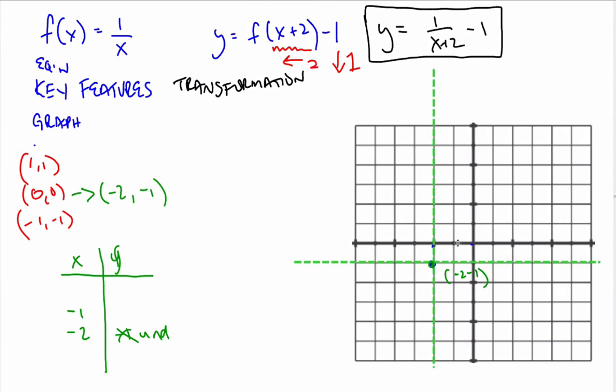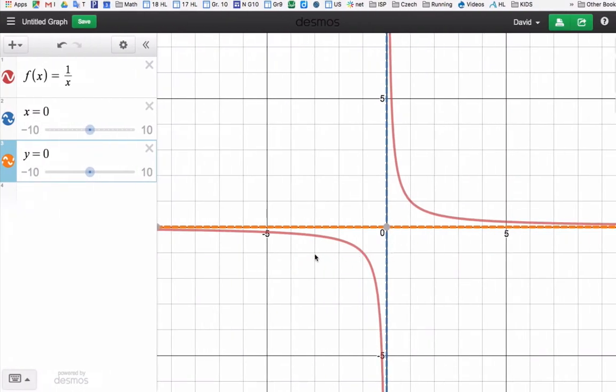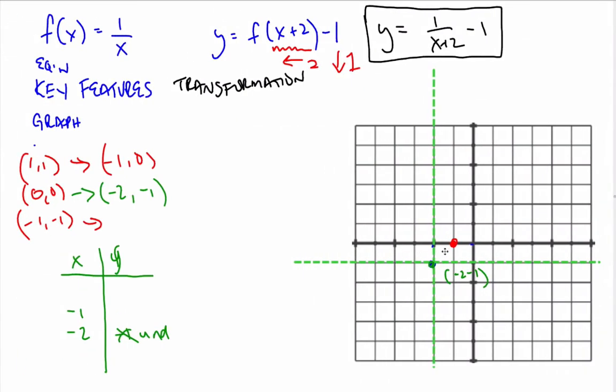I'm just going to transfer every point. This one goes to negative 1, 0. And this last one, I start off here, over 2, down 1, will be at negative 3, negative 2. There's where the graph is, in this position. And it's going to go down along here, and down along here. And so here, negative 3, negative 2. These are my pivot points.